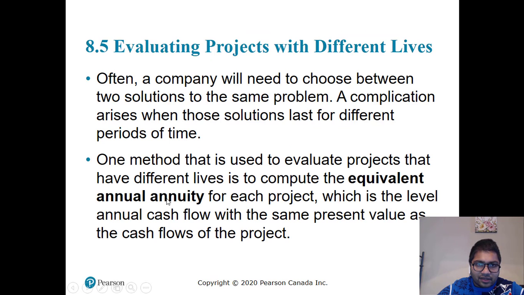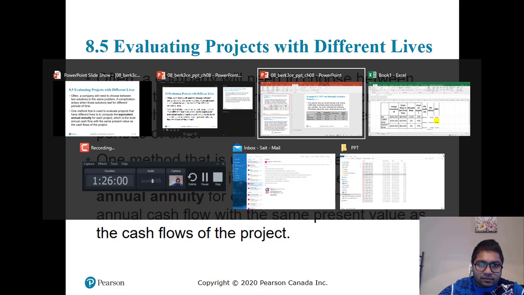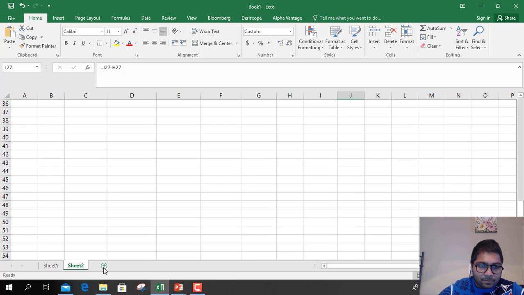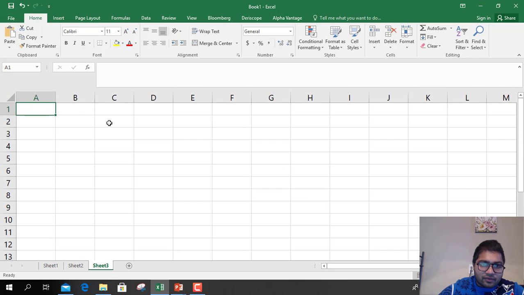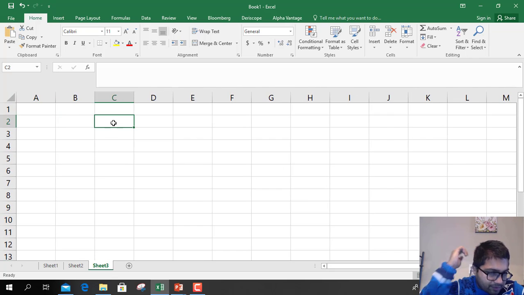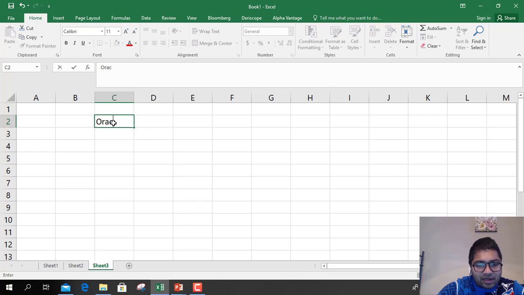So I'll give you a better example rather than this. So let's say you want a cloud computing platform for your organization, and the major players in cloud are Oracle, IBM, Amazon, and Google.